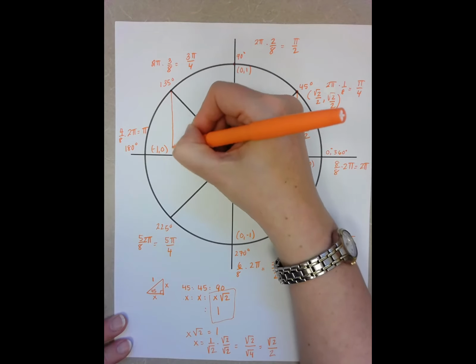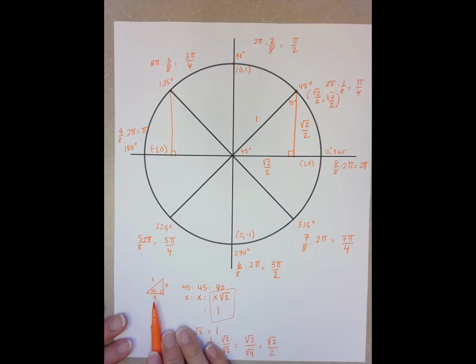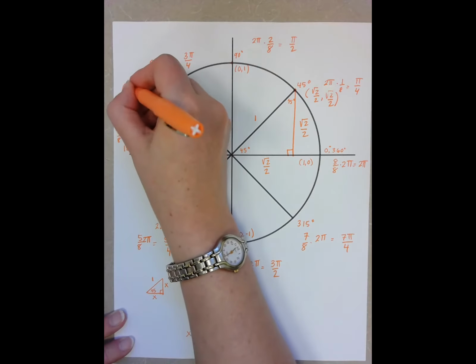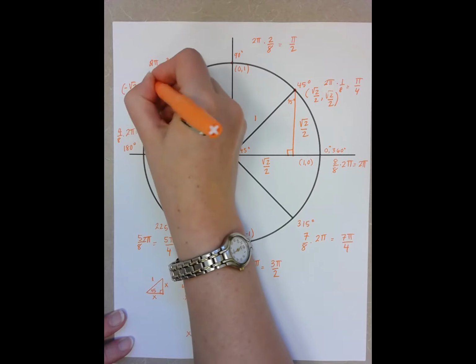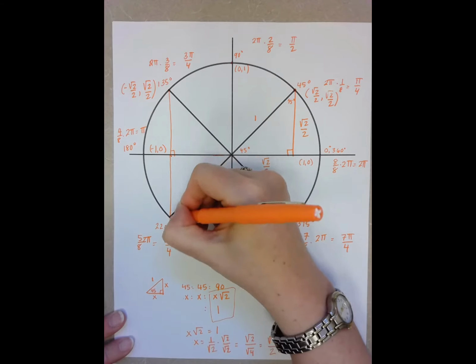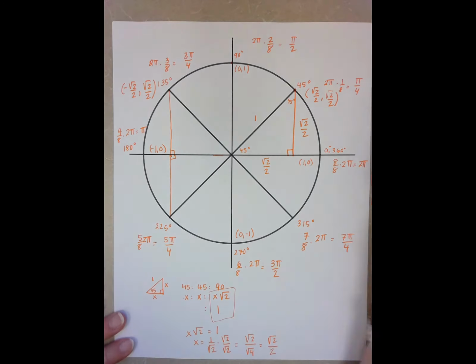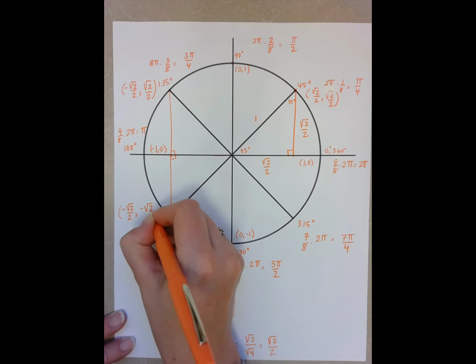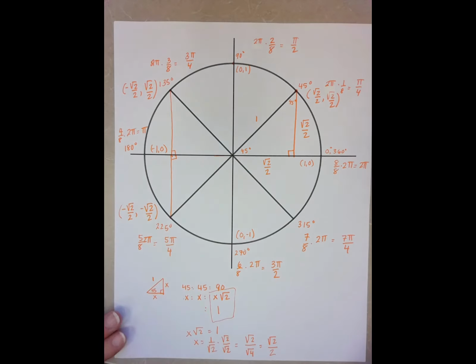This triangle is exactly the same 45, 45, 90 triangle. The only catch is that when I've gone this length, it's actually a negative square root of 2 over 2 length. This triangle down here, exactly the same triangle, except now I've gone negative and negative. So it's going to be negative square root of 2 over 2, negative square root of 2 over 2.